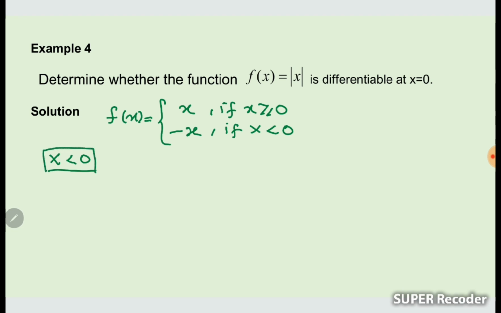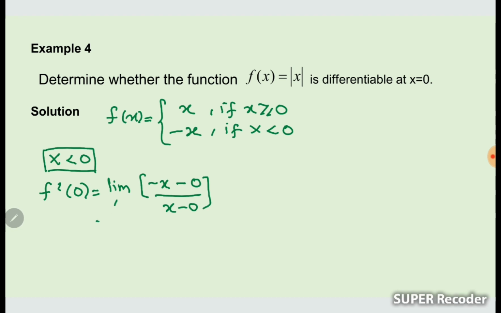For the first part, that is for x less than 0, we find f prime 0. f prime 0 is equal to the limit for f(x). For x less than 0, f(x) is negative x minus f(0), f(0) is 0, over x minus 0.